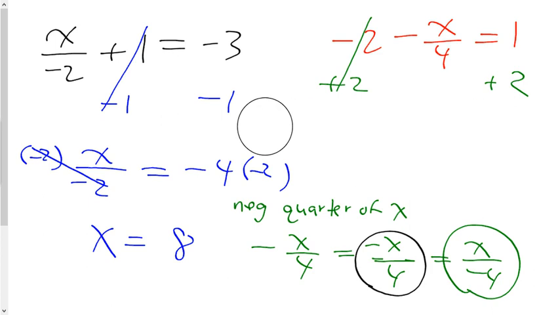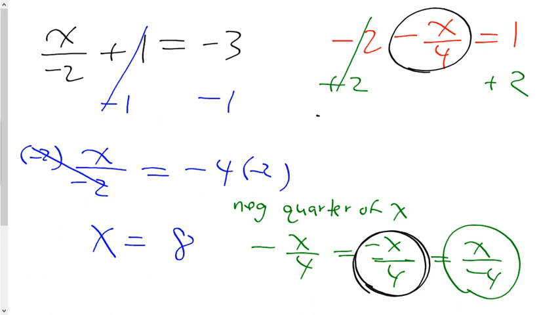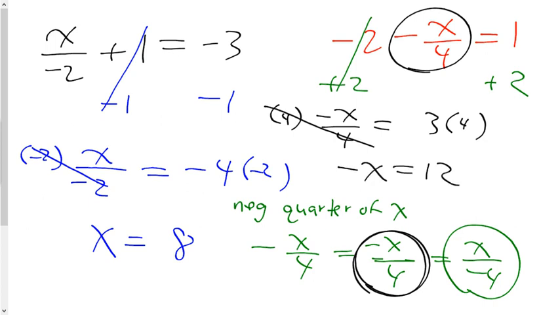If I wrote this like this, then the problem is, by multiplying both sides by 4, I still have a coefficient. What is my coefficient? -1. So I'd have to add another step, and I'd actually make it into a 3-step equation, right? x equals -12. So if you take the time to realize that if you put your negative symbol in the denominator, it does make isolating the variable easier to do, right? Okay.